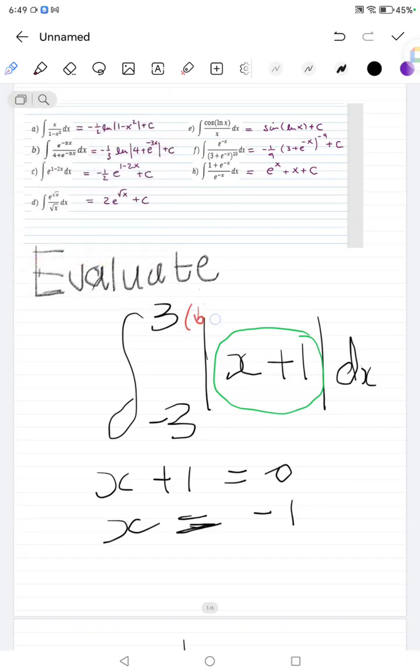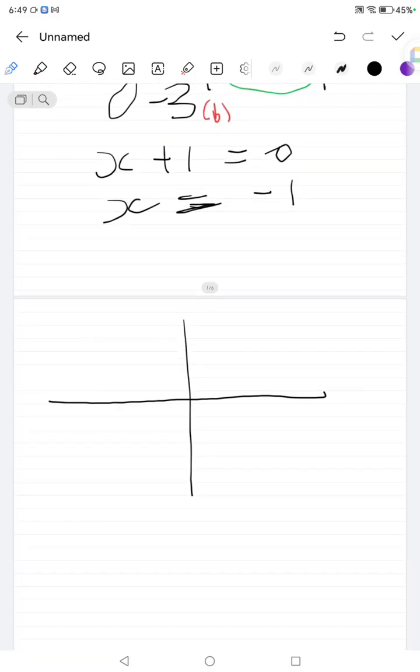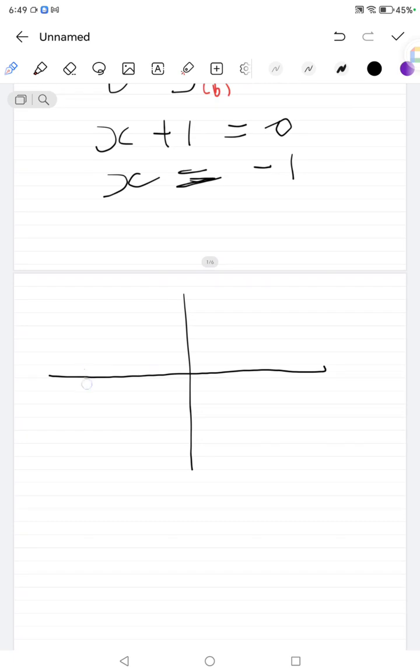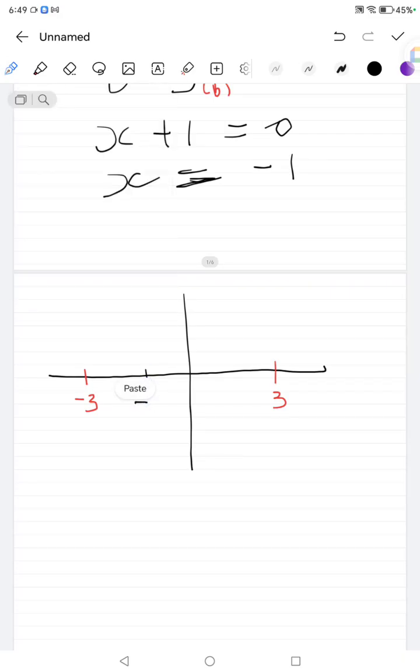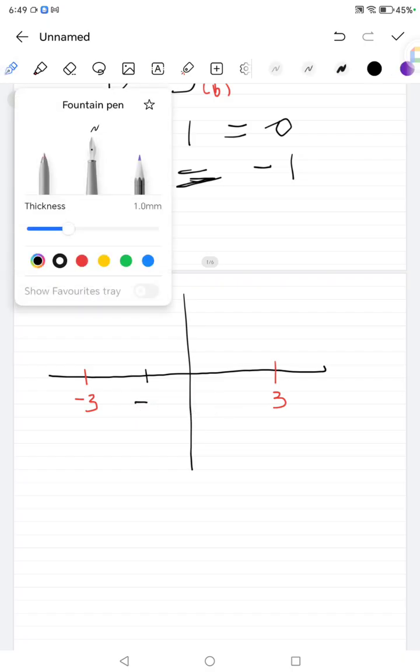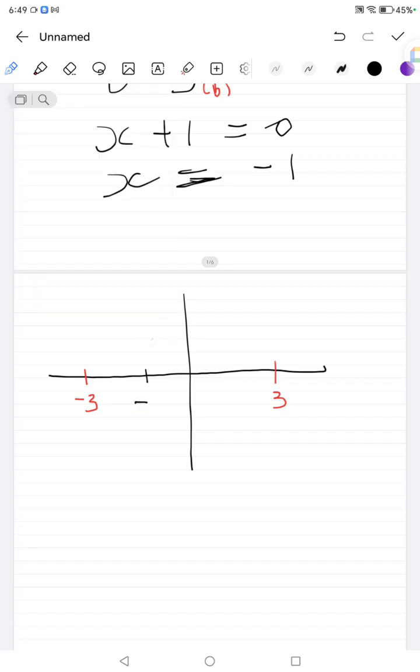You remember, this one is going to be your A, this one is going to be your B. Then they said here you have your minus 3, this side you have your 3, then the one that we calculated, minus 1, is this side. Then exactly here at our minus 1, let me highlight it in a different line, this is where we're going to be having that shift.